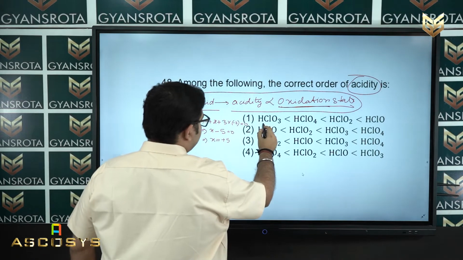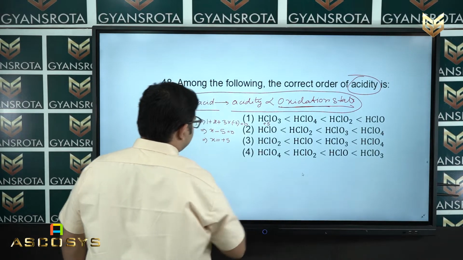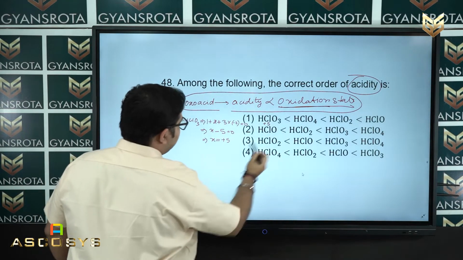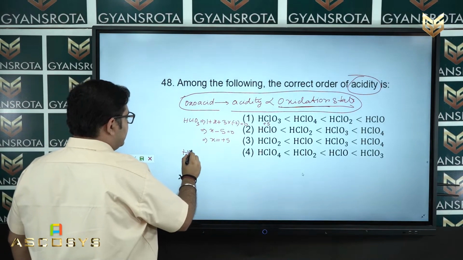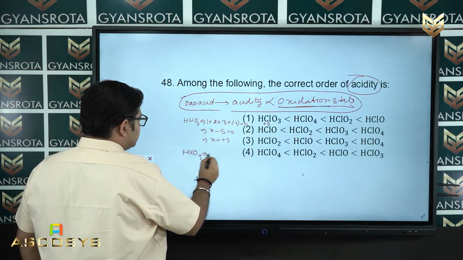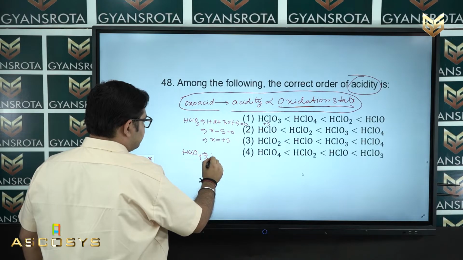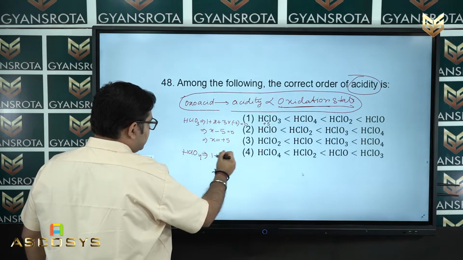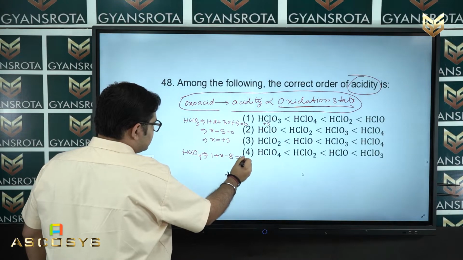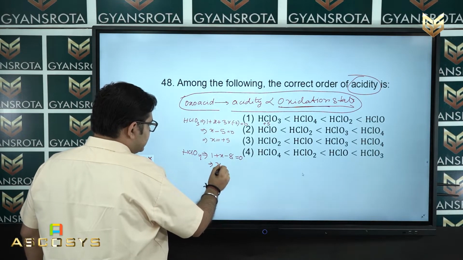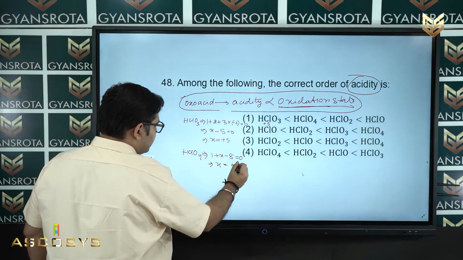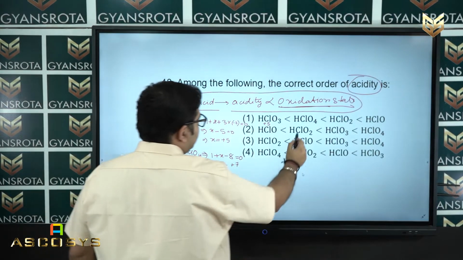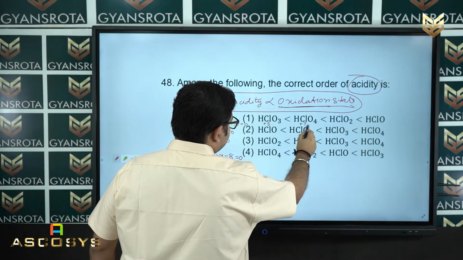Now again HClO4. So, for H it is 1, for X, and 4 into minus 2, that is minus 8, is equal to 0. So, X is equal to plus 7.